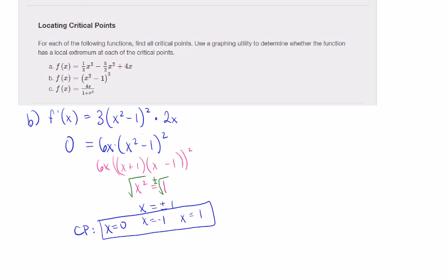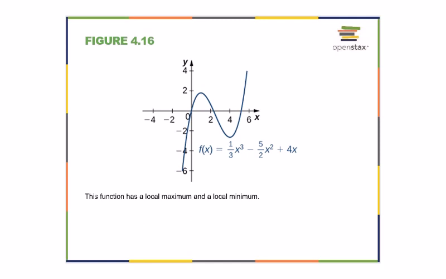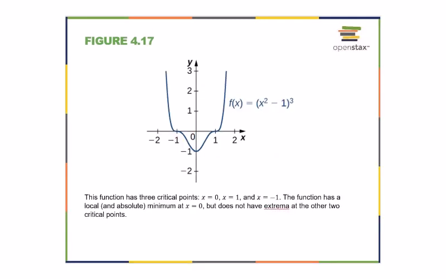Okay, so let's check out the graph and see at negative 1, 0, and 1 what's going on. So we can graph on Desmos or a graphing calculator, and we can see that on this graph at negative 1, that's not an extrema, right?